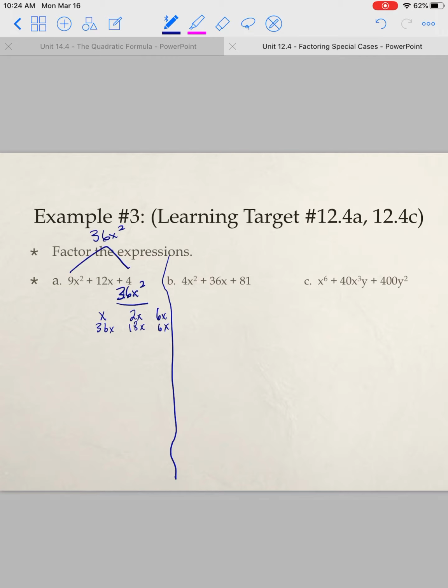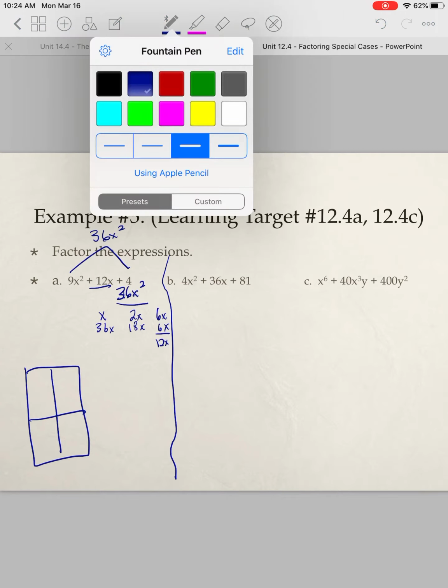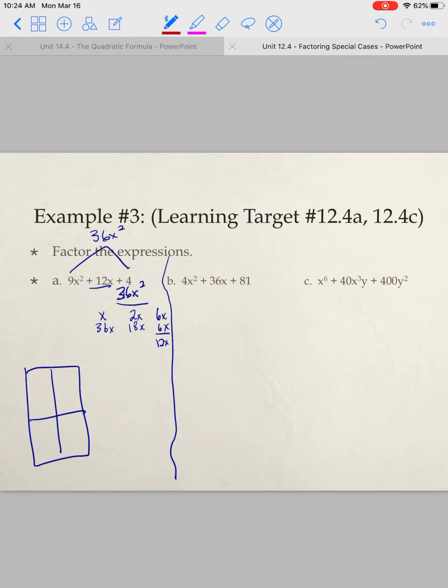All right, same sign. They're both positive. Right there, the one that would add up to that middle term is going to be 6x and 6x. Draw my box. All right, so I would have 9x squared, 4, 6x, and 6x.